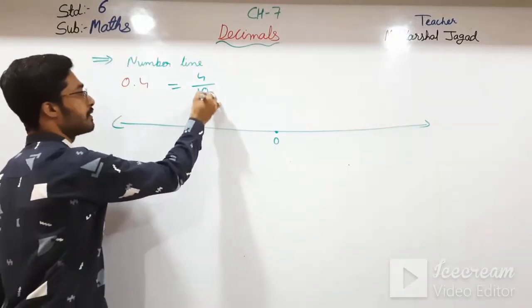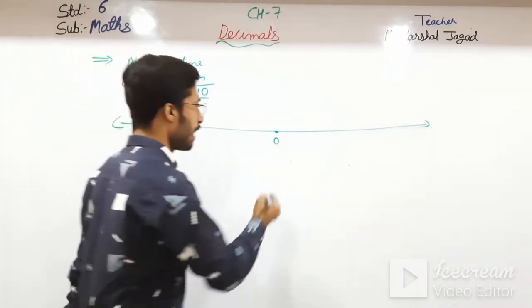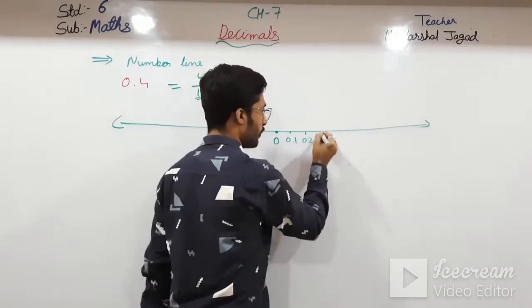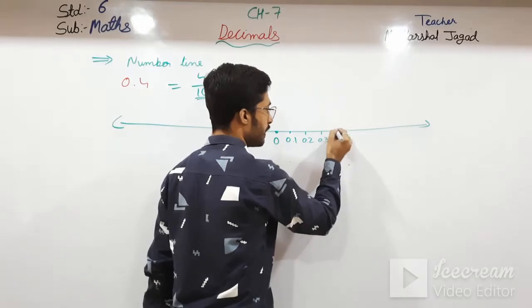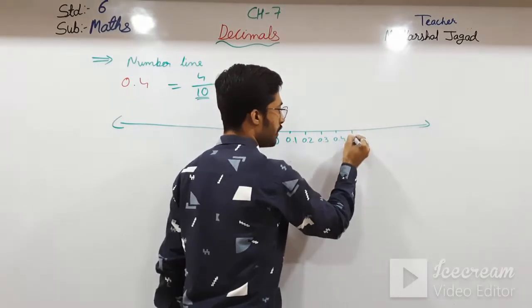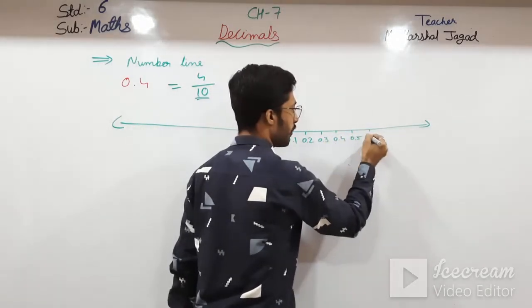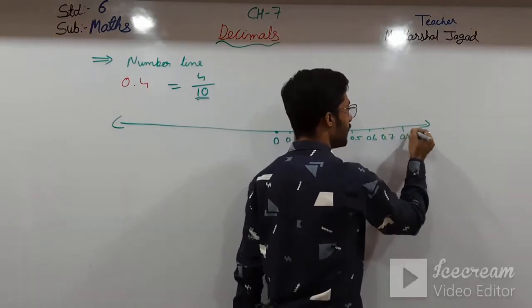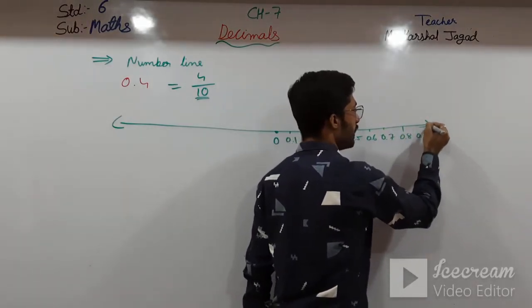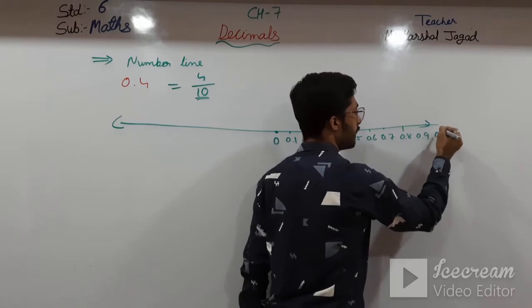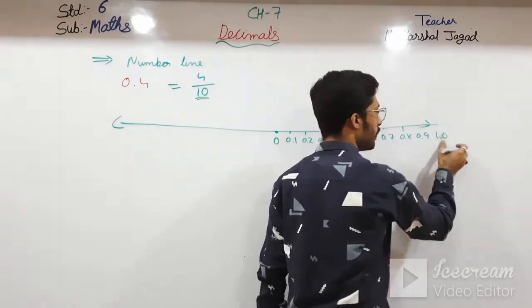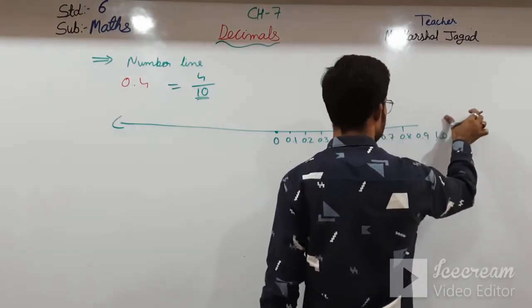How many parts? 10 parts. So I will write here 0.1, 0.2, 0.3, 0.4, 0.5, 0.6, 0.7, 0.8, 0.9 and 0.10, that is 1.0. Okay.